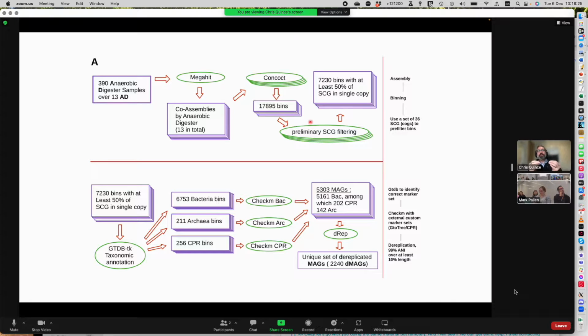The reason it's not a lot is that the core genes enable you to predict levels of completion and contamination, but there's an assumption there that they are evenly distributed through the genomes. If they're not evenly distributed, there can be a lot of noise in your prediction. Does that make sense to people?